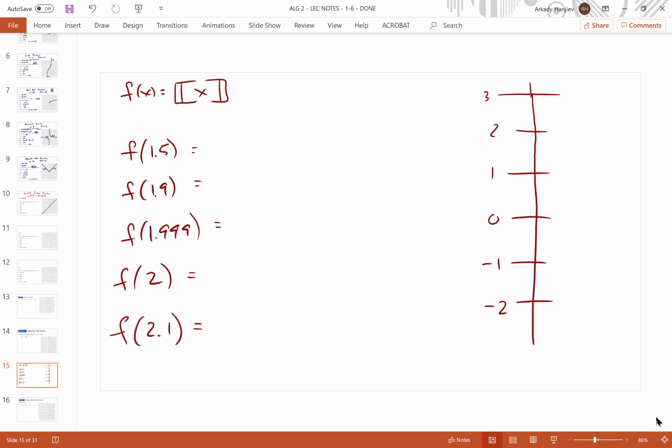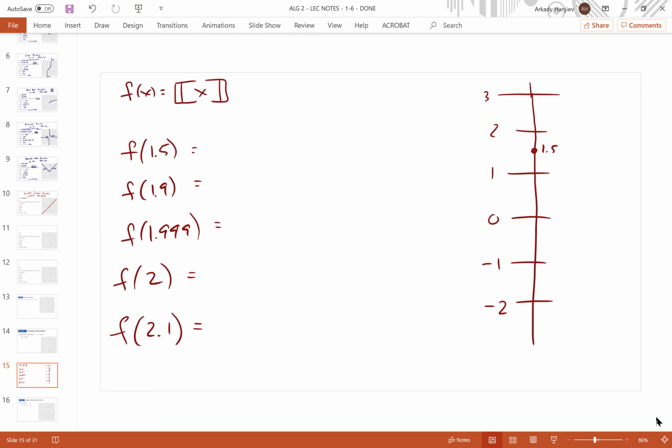So the greatest integer just means what's the biggest integer that's up to this value or sitting inside this value, or less than or equal to this value. So if you look at 1.5, 1.5 is about right here. What's the biggest integer up to 1.5 without going over 1.5?